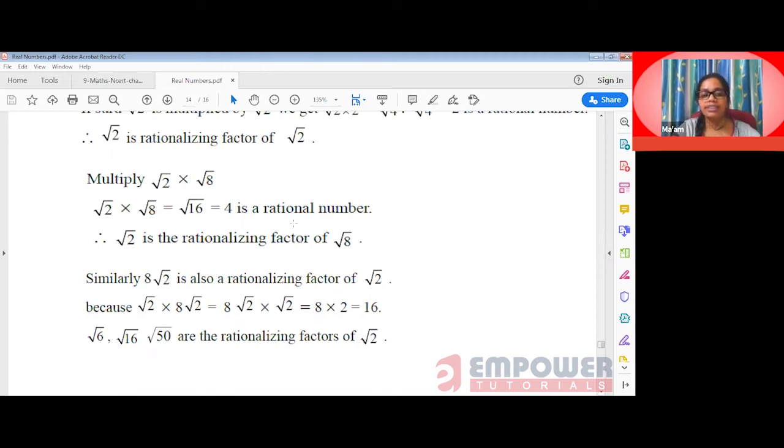And 4 is a rational number. So again I can say root 2 is also a rationalizing factor, but other than root 2, root 8 is a rationalizing factor of root 2. So basically you can choose a number such that after multiplying it with the irrational form, we can convert it into the rational form, and the number by which we are multiplying is a rationalizing factor.